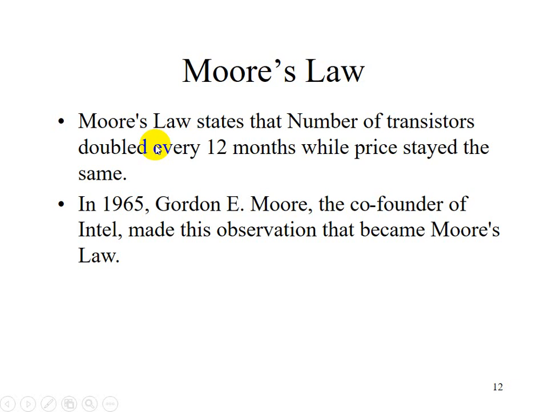His prediction of this trend would hold true even to nowadays, and we call the trend Moore's law. This will be used as a roadmap to predict and develop new technology.